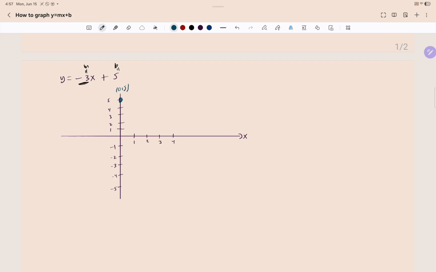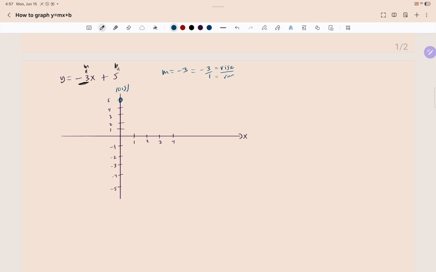Now, using our slope, recalling that our slope is negative 3, we can write it as negative 3 over 1. The rise is equal to 3, and the run is equal to 1. Because we have negative slope, for the rise we're going down by 3.